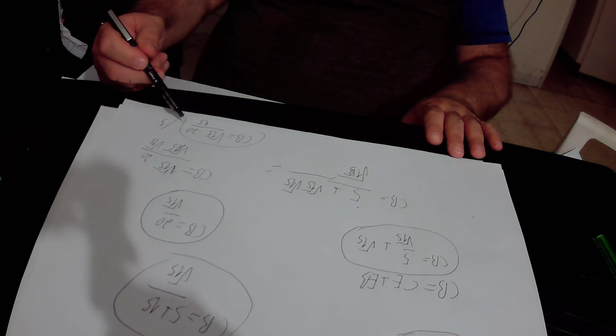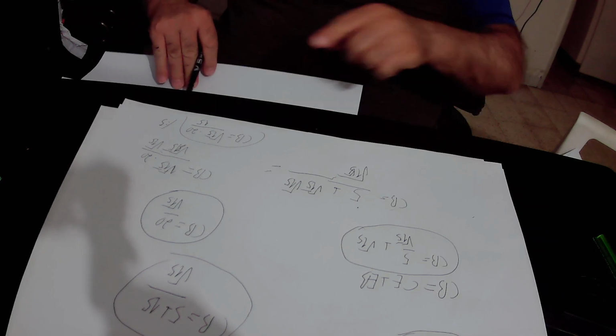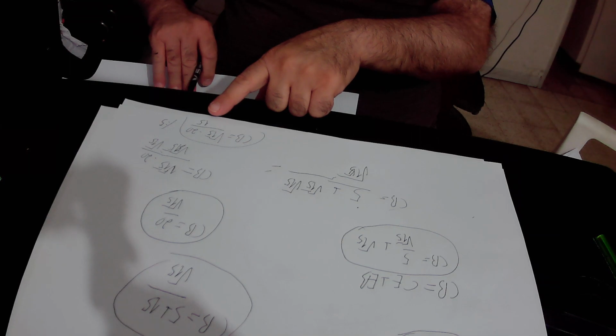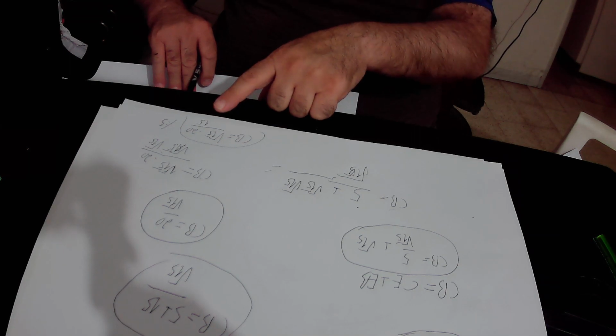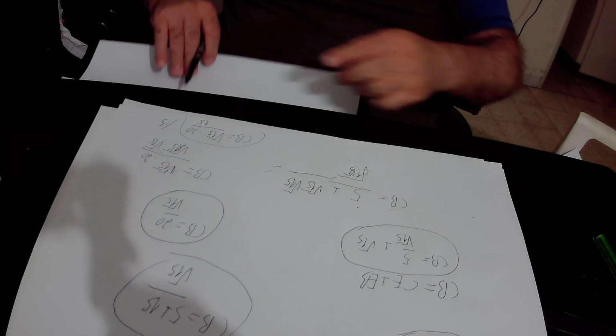Then we divided this equation, both the numerator and the denominator, by 5, and found out that 20 over 5 is 4 and 15 over 5 is 3.